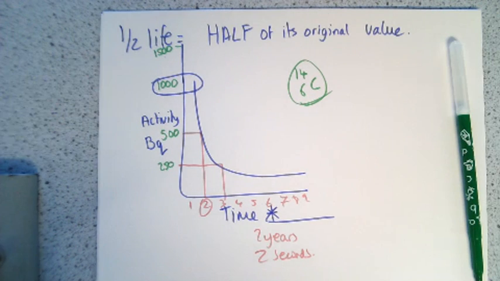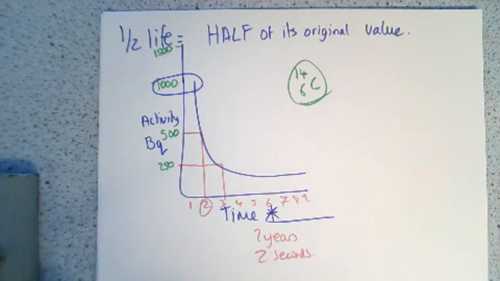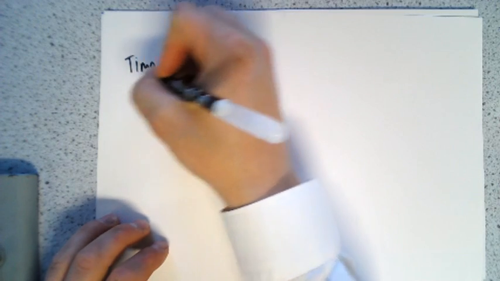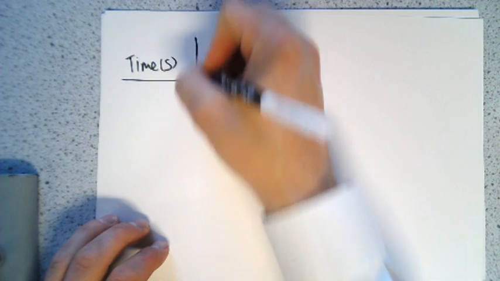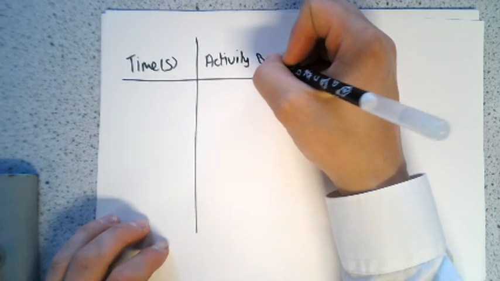They could potentially give you a table of data. So they could give you the raw data this graph was produced from. It is possible. Don't let that scare you. It's exactly the same thing. So what you could end up with, you could have the time, and you could have the activity once again in becquerels.